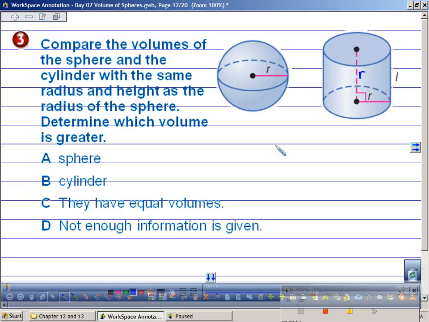It's the same. Because the cylinder is the circle that's filling it up. Okay, so what the question is, which one has more volume? No. You can fit the circle in there.